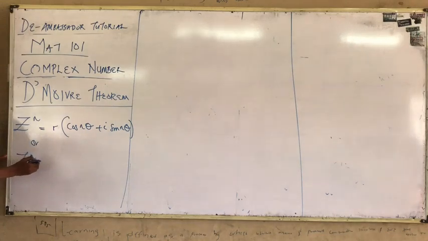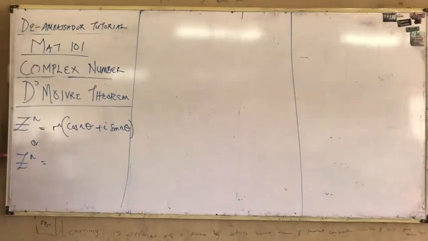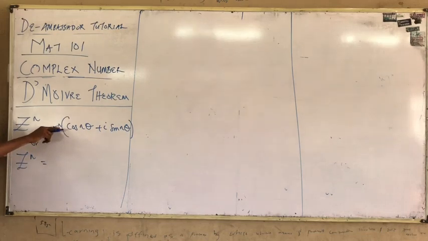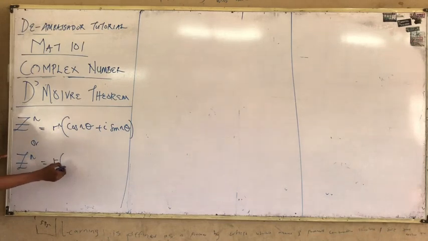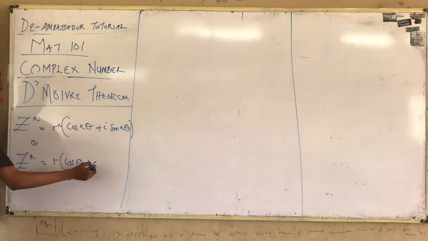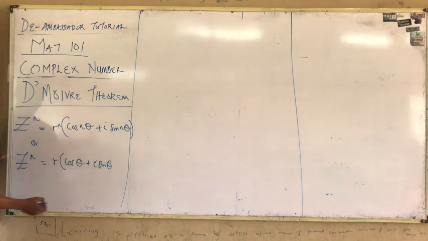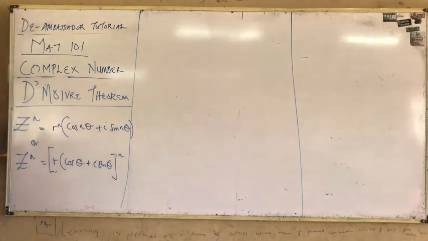Your z in the power of n can be written as, pay attention, r (cos theta plus i sine theta) in the bracket of n.